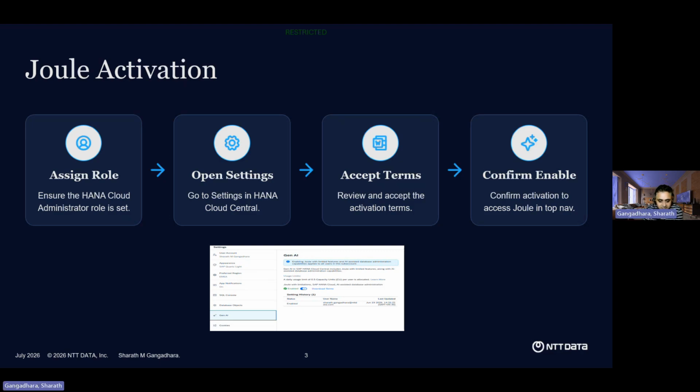We will talk about this again in the presentation. I do mention that it's for free. SAP provides 0.5 capacity units for free, and considering the admin activities that we would do in HANA Cloud Central, 0.5 CU is more than enough.